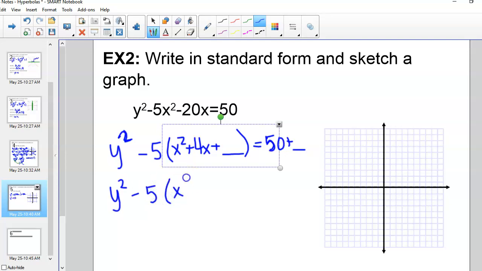So 4 divided by 2 is 2, so I'm going to get x minus 2 squared, and then 2 squared is 4, so I'm going to add that up here. Now remember, we have to do 4 times -5, so we're going to actually be putting a -20 over here, and so that means that this is going to equal 30.